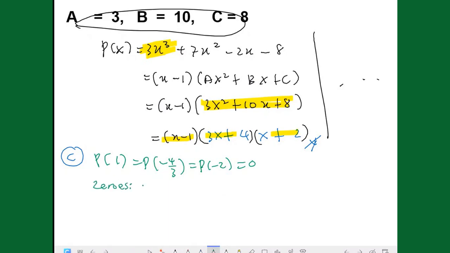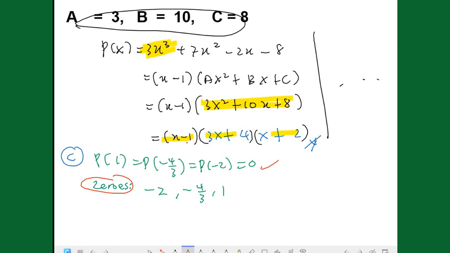Terus yang menzerokan dia 1 atau negative 4/3 atau negative 2. Okay, negative 2 dulu. Negative 4/3, 1. Ni cukup. Okay, this is zeros. Nak banyak boleh juga, tapi nak stick je di sini tak apa.